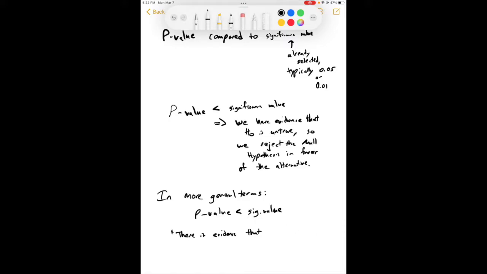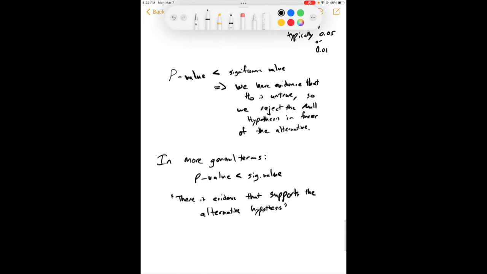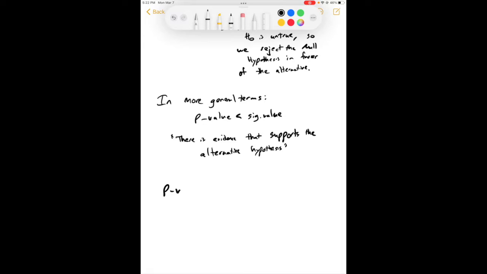There is evidence that supports the alternative hypothesis. Or the other way, if your p-value is greater than the significance value, then there is no evidence to support the alternative hypothesis.